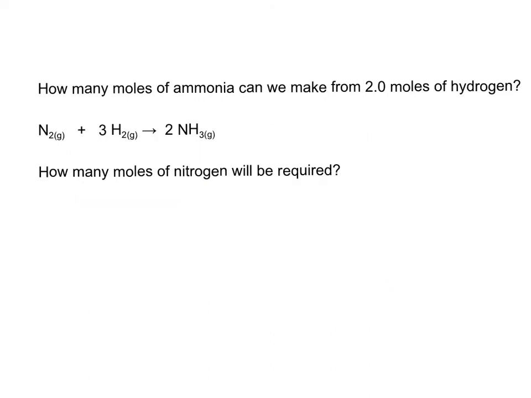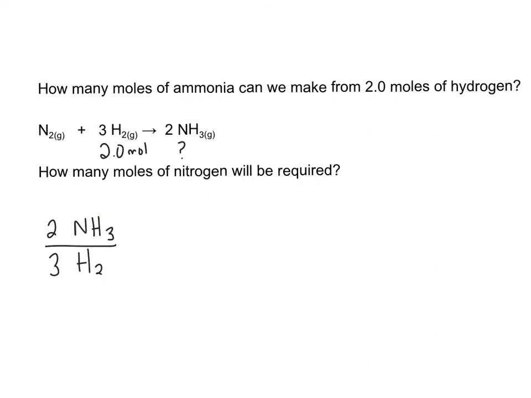Next example: how many moles of ammonia can we make from 2 moles of hydrogen? So we know we've got 2 moles of hydrogen, and we want to figure out how much ammonia we can make. We know that 2 ammonia are made from 3 H2.